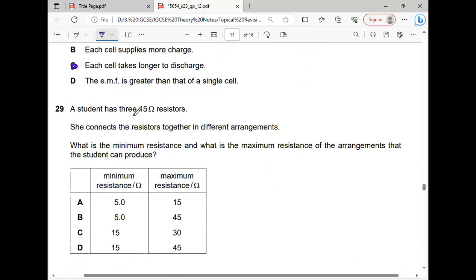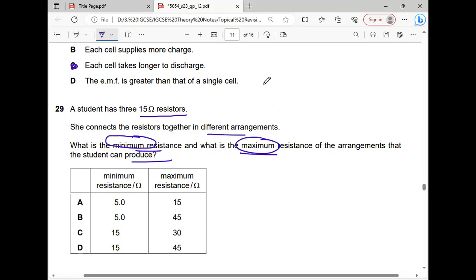Number 29. A student has three 15 ohm resistors. She connects the resistors together in different arrangements. What is the minimum and what is the maximum resistance of the arrangements that the student can produce?